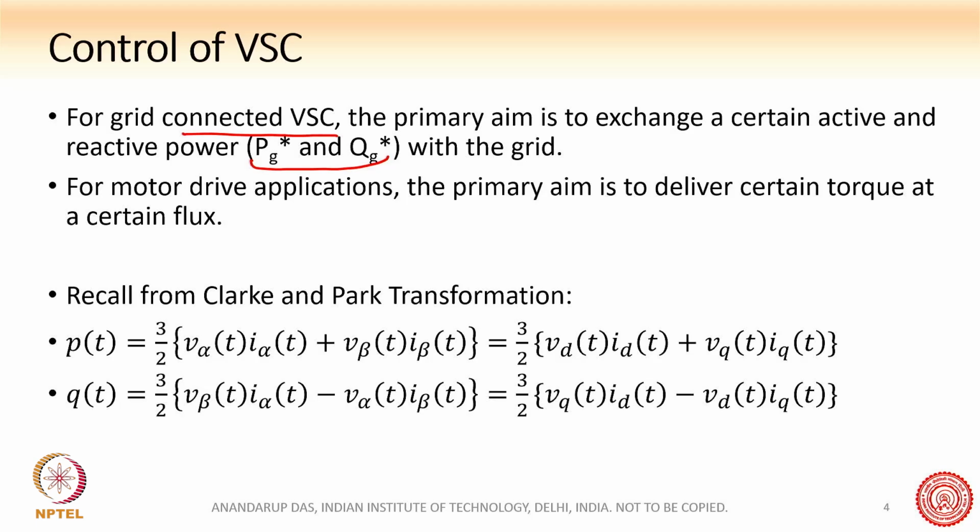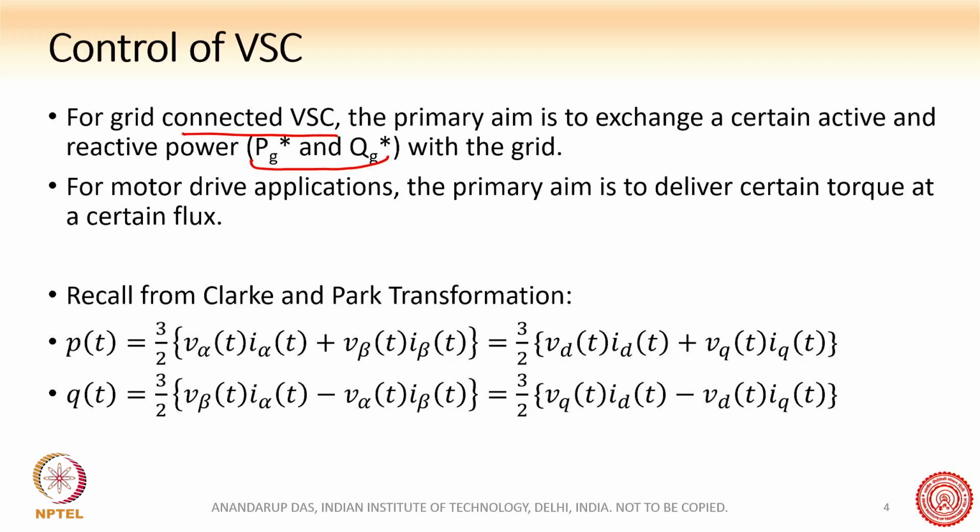This is what we will follow in the course. The star indicates it is the reference. So PG star means the reference active power, and QG star means the reference reactive power, which we will exchange with the grid. This is the command to the VSC that, for example, at t equal to 5 seconds, exchange 10 kilowatts of active power. So PG star will become 10 kilowatts, like that.